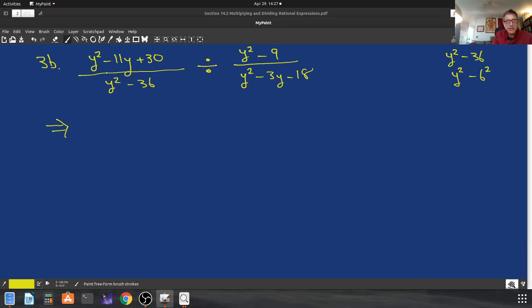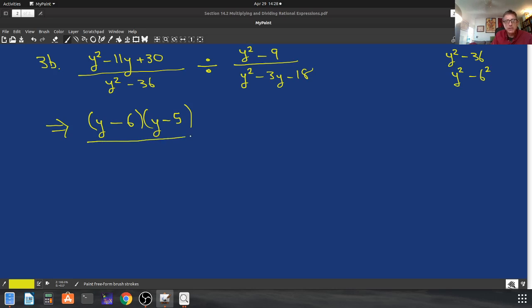So factoring the top, I need two numbers multiplied together that give me 30, and added together get me minus 11. So clearly those factors have to both be negative. So minus 10 and minus 3 isn't going to work. Minus 15 and minus 2 isn't going to work. What about minus 6 and minus 5? That's going to work. Now you all can do the tic-tac-toe method exactly as you want.